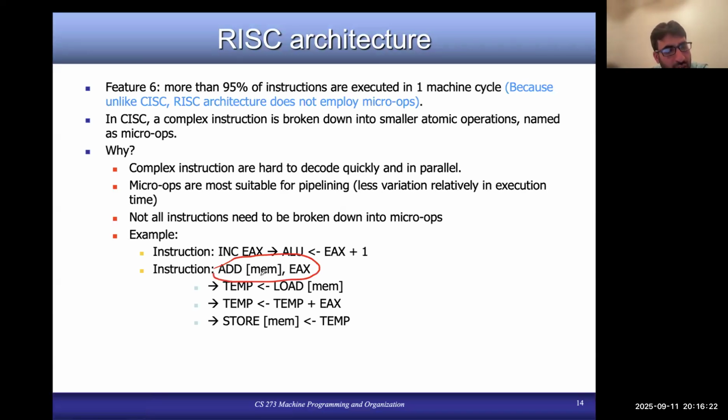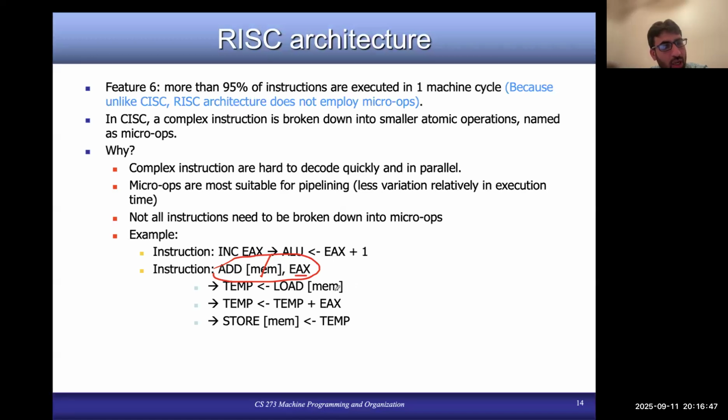First, we need to read the data from memory. Then add that data with the value of the EAX register. And after the addition, we need to write the result back to memory. If we do all three operations as a single instruction, it is difficult to pipeline the functionality of this add instruction. So we can break it into three micro ops.